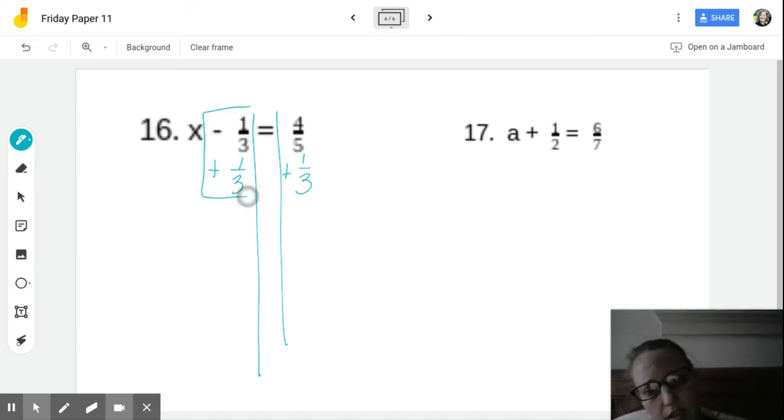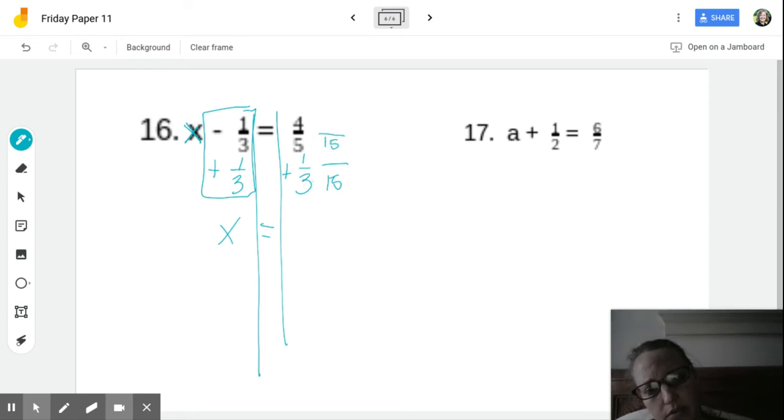A negative 1/3 and a positive 1/3 are additive inverses. If I add them, they make a 0, which is what I'm trying to accomplish, right? I have this variable and I want to isolate it, meaning I want to get it all by itself. So what I do to one side, I must do to the other. When I'm adding fractions, I must have a common denominator.